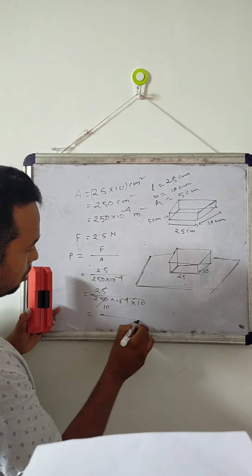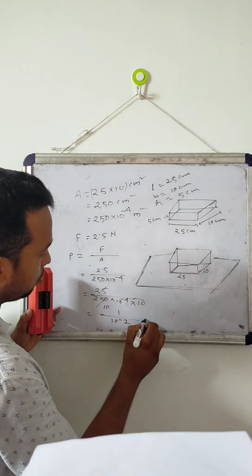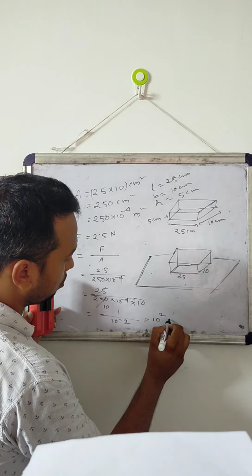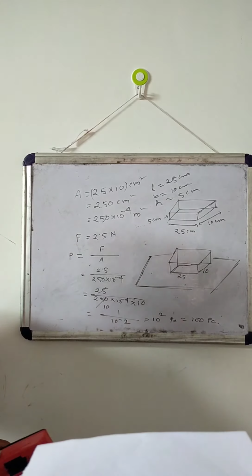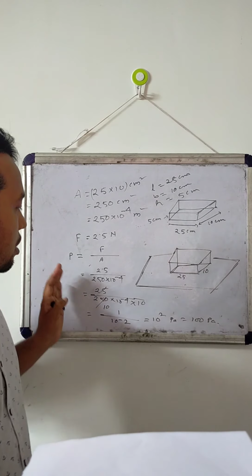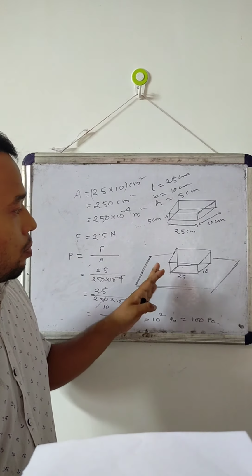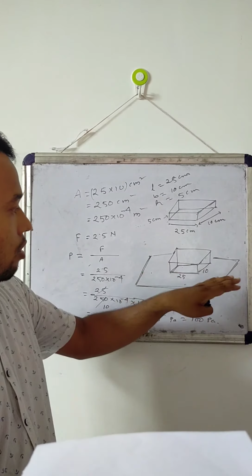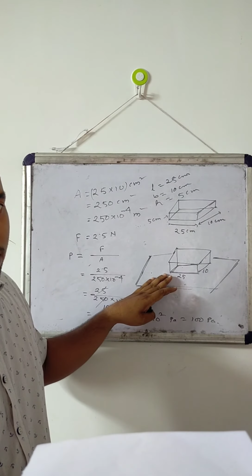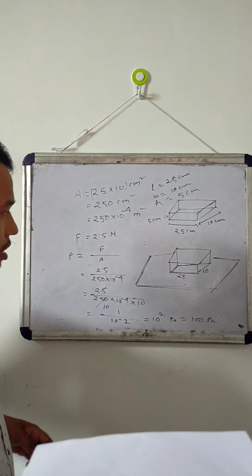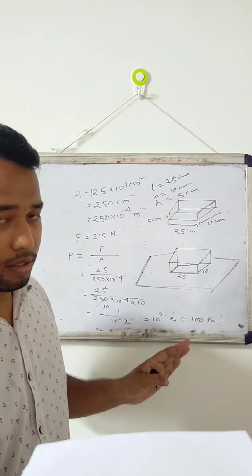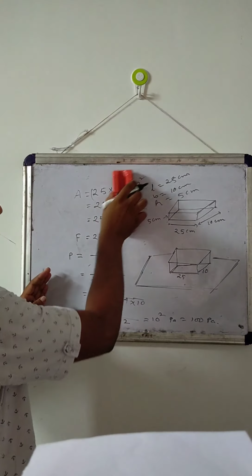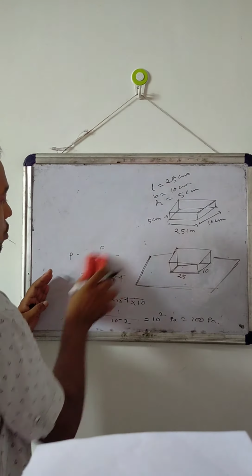So it will be 1 by 10 to the power minus 2, that means 10 to the power 2 Pascal or 100 Pascal. Okay, so we will get the pressure of 100 Pascal if we place this brick on the surface like this. Now suppose we are changing the surface of contact in this case, then what will happen, we see.